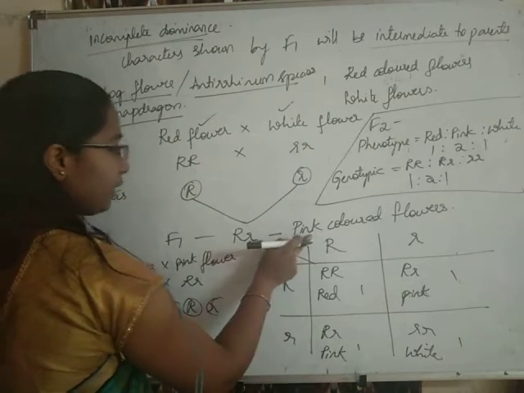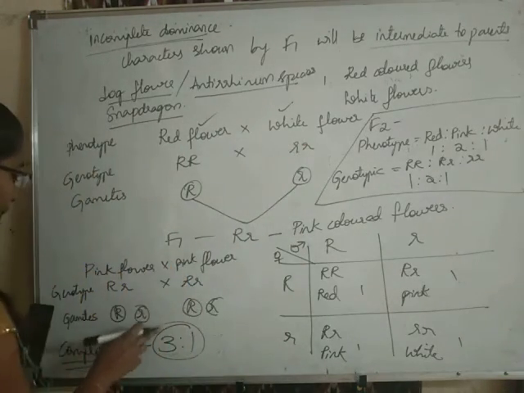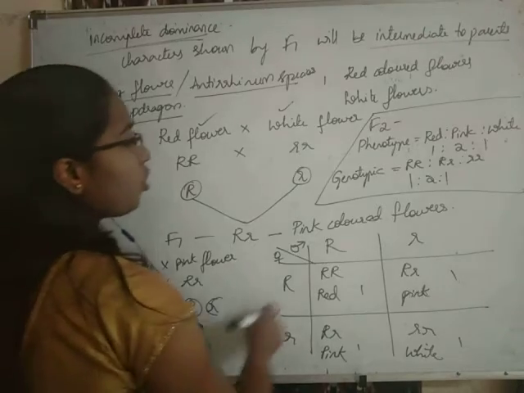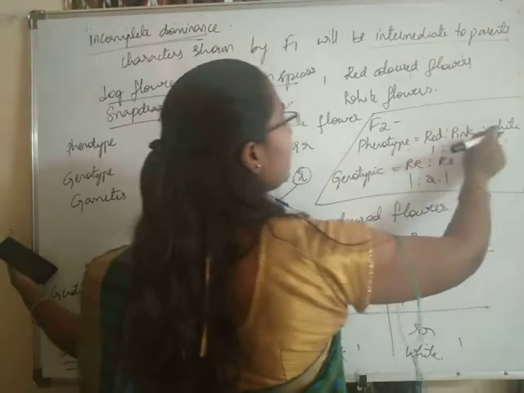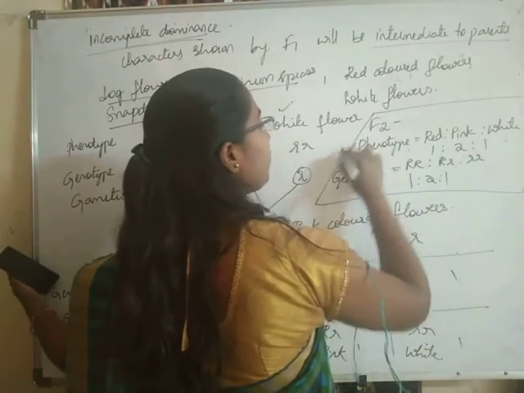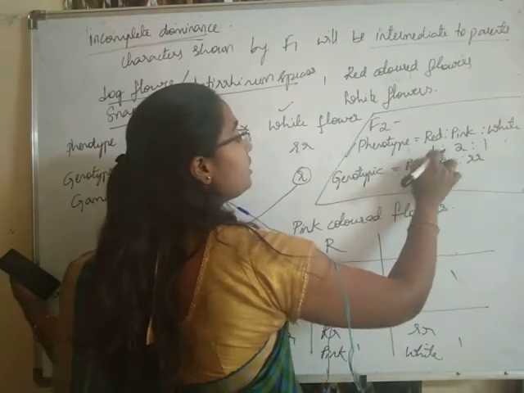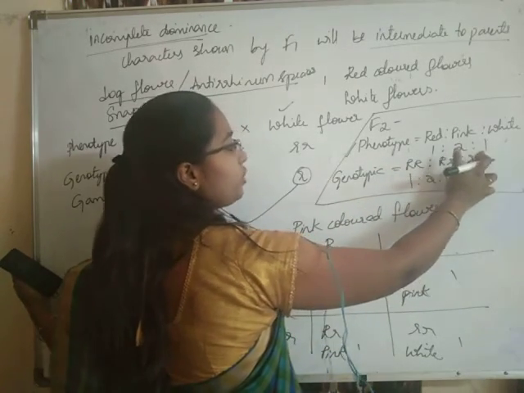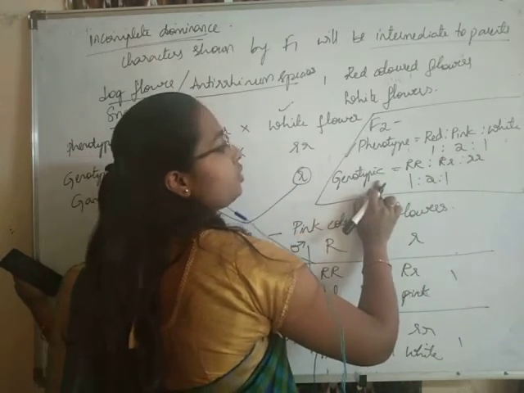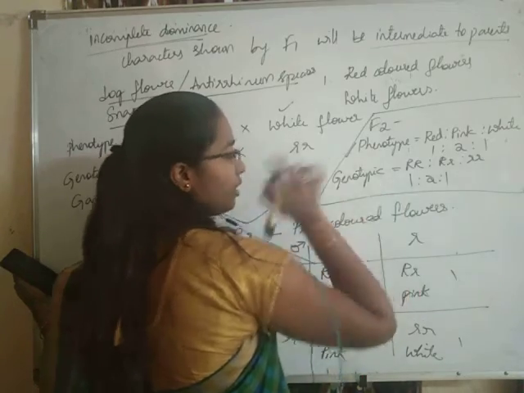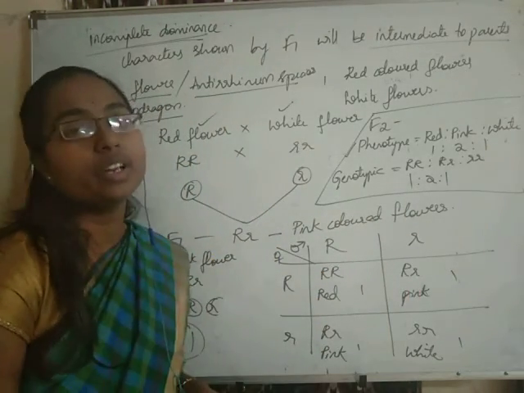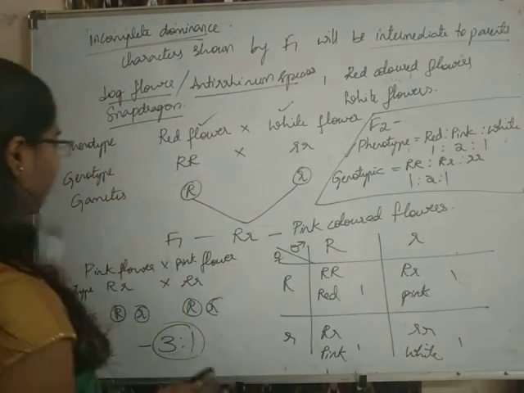F1 showed pink flowers, and the F2 individuals showed all 3 flowers: red, pink and white colored. Remember the phenotypic ratio of F2 is 1:2:1 in incomplete dominance. The genotypic ratio is also the same, 1:2:1. These are the things that have to be remembered from the NEET point of view.